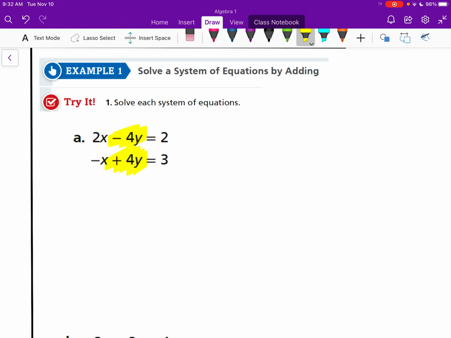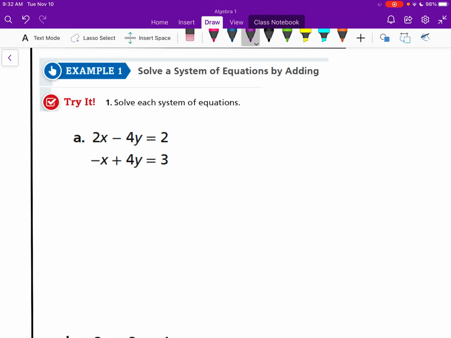Negative 4 plus 4 would add to be 0. And when you have two equations like this that have terms that would add to be 0, we can add both equations together, and that will eliminate, remove, get rid of that y variable since they are opposites, that negative 4 and positive 4.